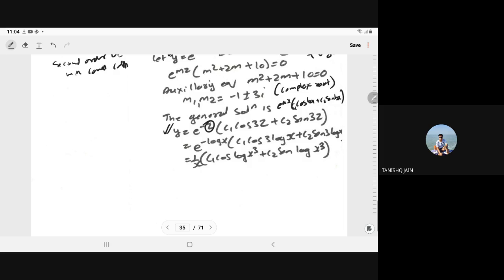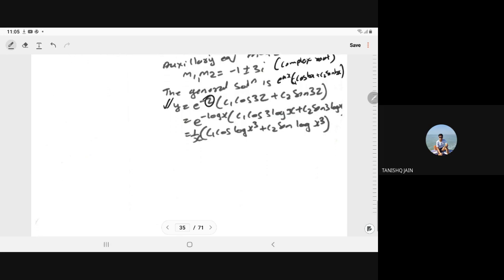So e to power minus log x times c1 cos of 3 log x plus c2 sin of 3 log x. Now e to power minus log x can be written as 1 by x, and 3 log x can be written as log of x cube. So it becomes 1 by x, c1 cos of log x cube plus c2 sin of log x cube. That is the solution of the given equidimensional Euler's equation.